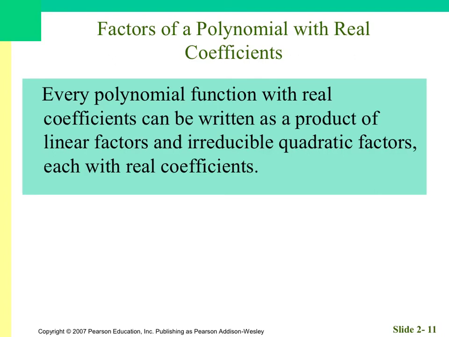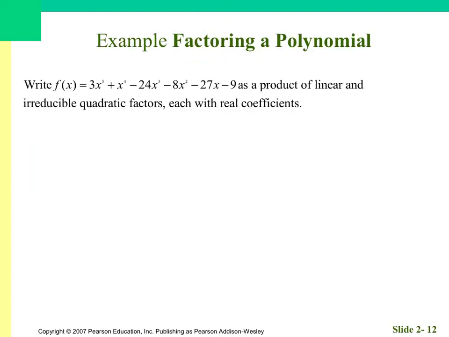Factors of a polynomial with real coefficients. Every polynomial function with real coefficients can be written as the product of linear functions and irreducible quadratic factors, each with real coefficients. Alright. Write f of x equals 3x to the 5th plus x to the 4th minus 24x to the 3rd minus 8x squared minus 27x minus 9 as a product of linear and irreducible factors with real coefficients.